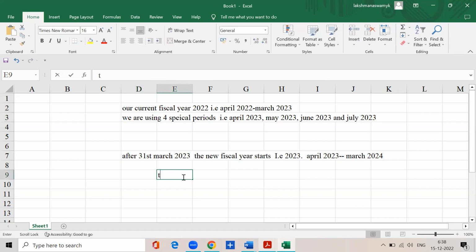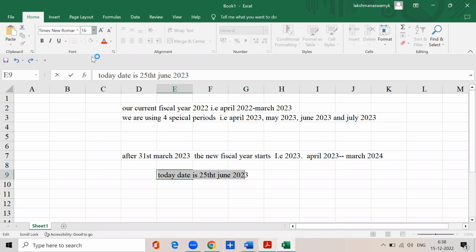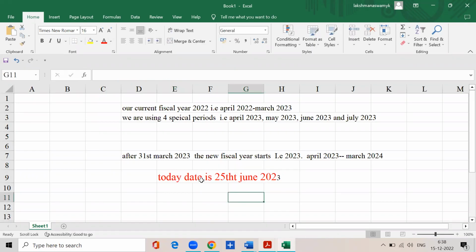Now, see, today's date is 25th June 2023. June means it may be the normal posting period or it may be the special posting period.